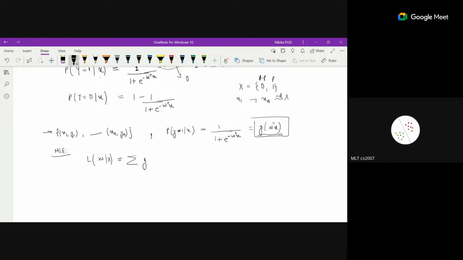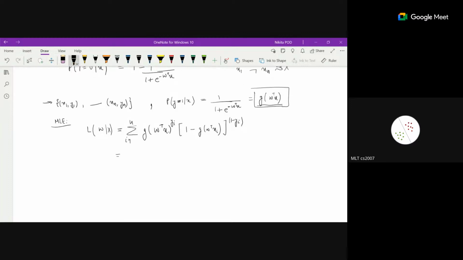So I can write this likelihood function as g of W transpose xi to the power yi, times 1 minus g of W transpose xi to the power 1 minus yi, where i is varying from 1 to n.